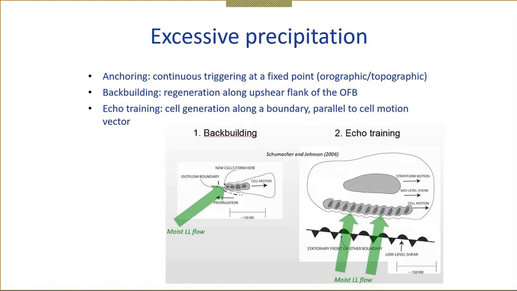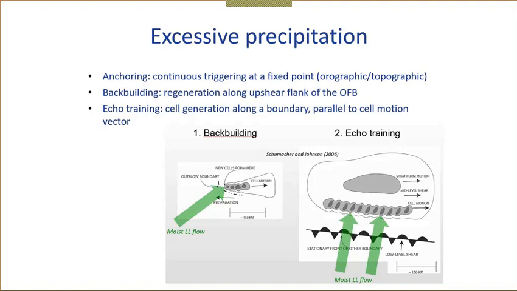But sometimes you do have a combination of cell motion and propagation that depends on the amount and the type of vertical wind shear that can lead to so-called backbuilding. So the different cells are moving to the east in this example, but the propagation of the whole organization is the other way around.